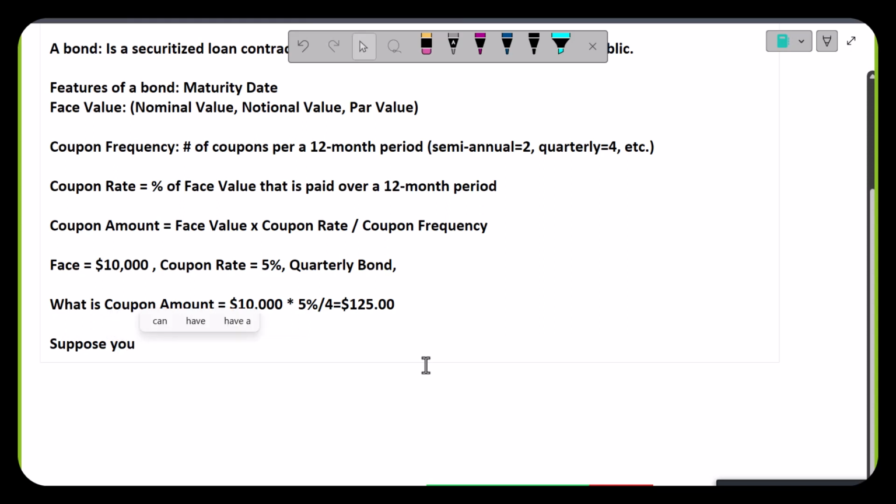Suppose you have an 8% bond. When I say an 8% bond, that always means the coupon rate is 8%. That's basically a shortcut for that expression. 8% bond with a face value of $1,000 and semi-annual coupons.